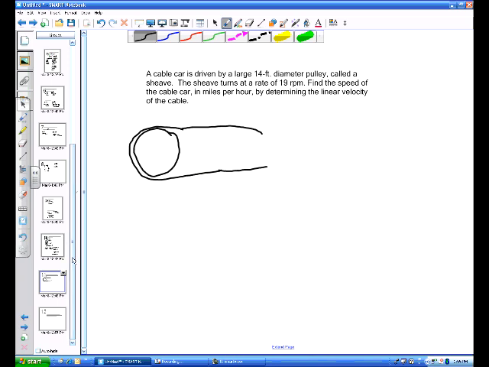So let's think of some formulas that we have. We know that linear velocity is the radius times the angular velocity. And we want to know the linear velocity. Our radius is 7 feet. It's a 14-foot diameter, so the radius is 7 feet.